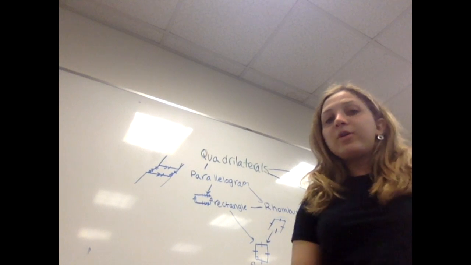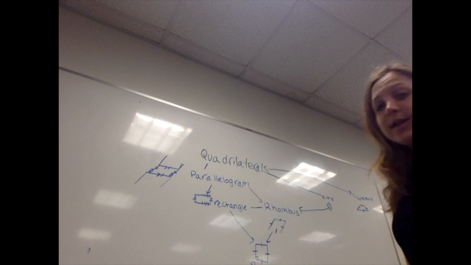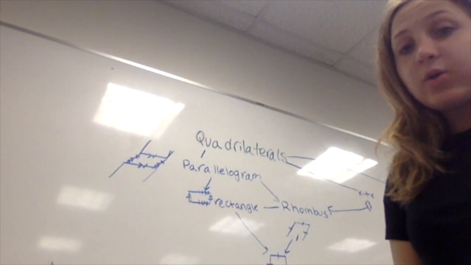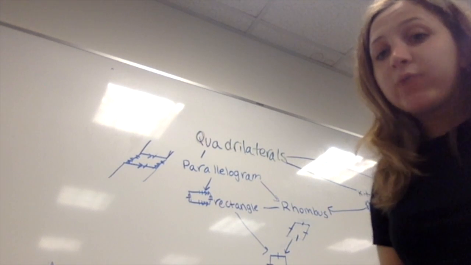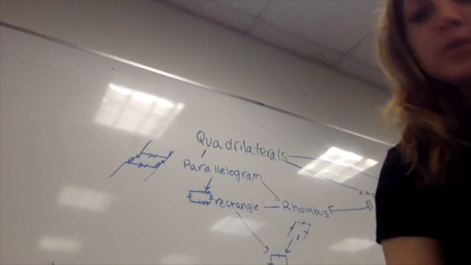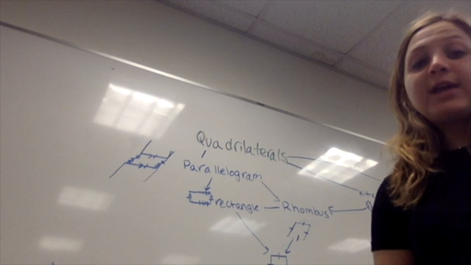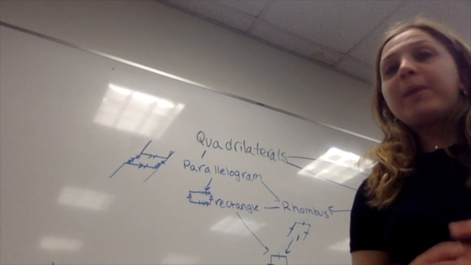So under the parallelogram branch, I drew a rectangle and the rhombus. We're going to look at how the rectangle and rhombus are parallelograms and also how they are related to the square. So a square is a rectangle and a rhombus, and it is also a parallelogram.